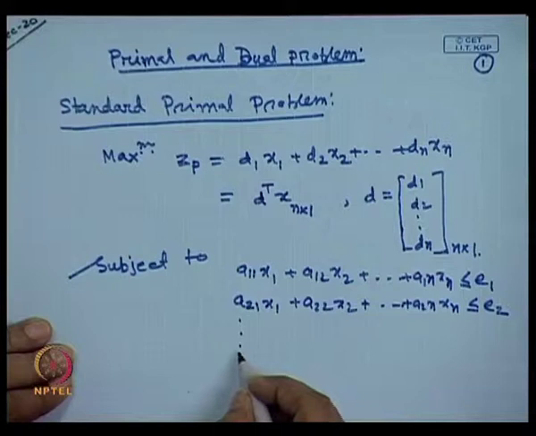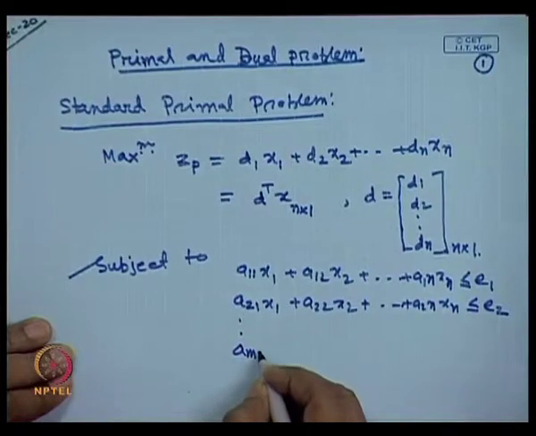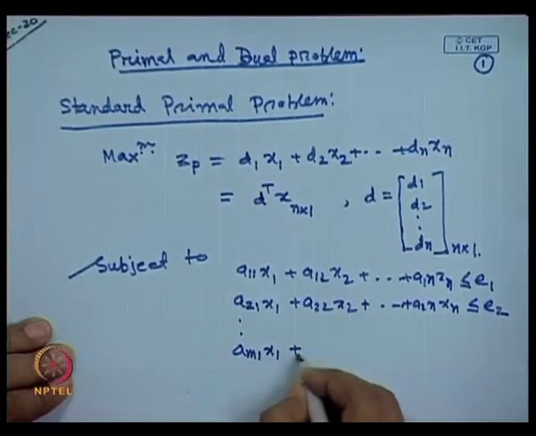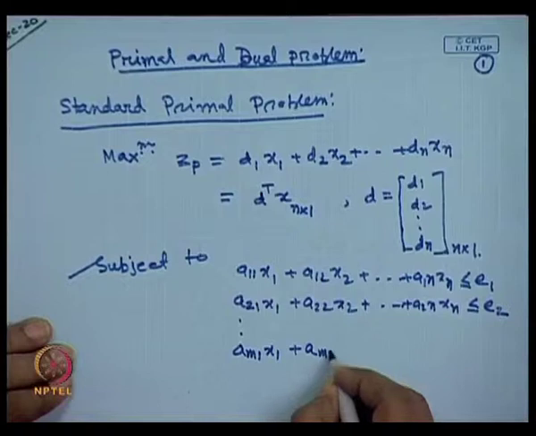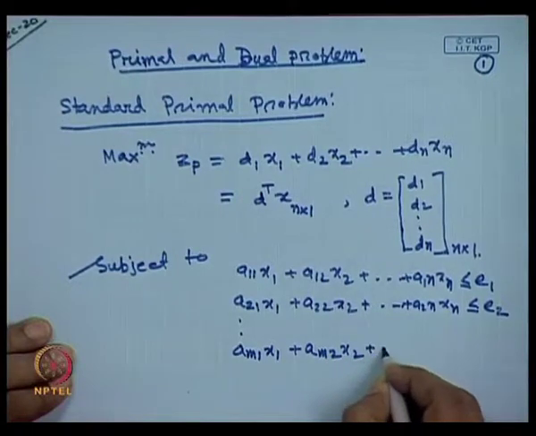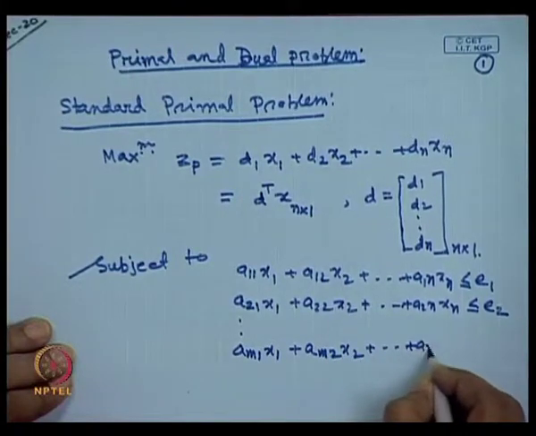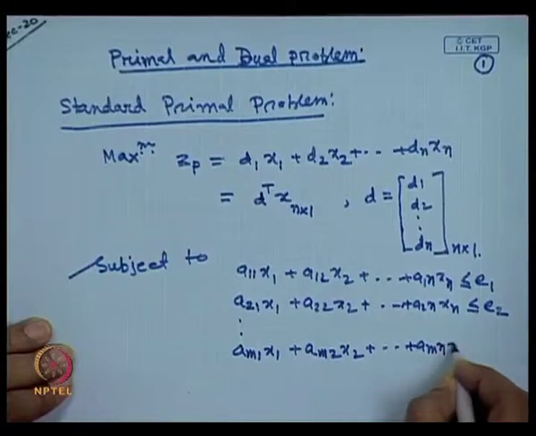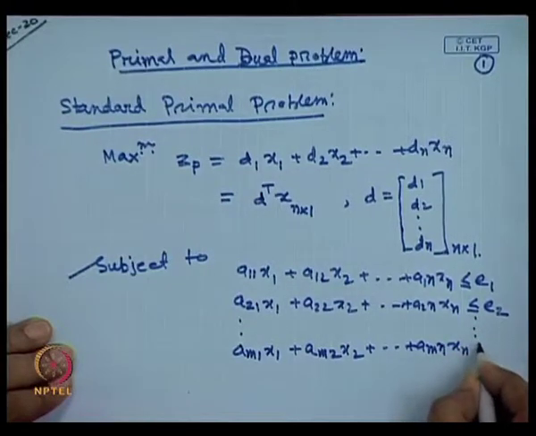In this way, we have m inequality constraints of less than or equal to type: a m 1 x 1 plus a m 2 x 2 plus dot dot a m n x n less than or equal to E m.